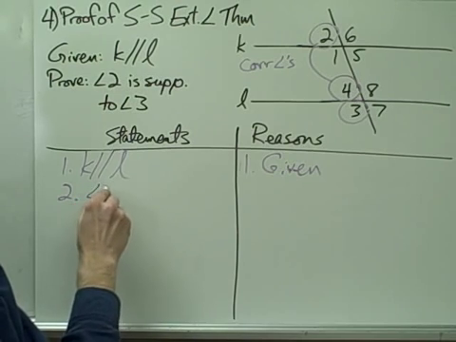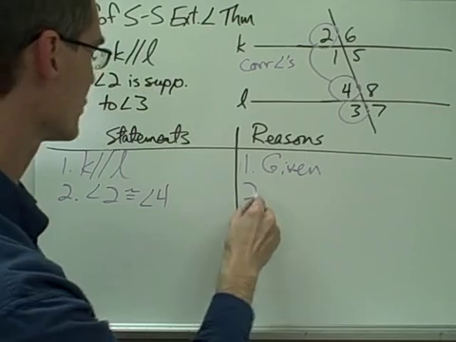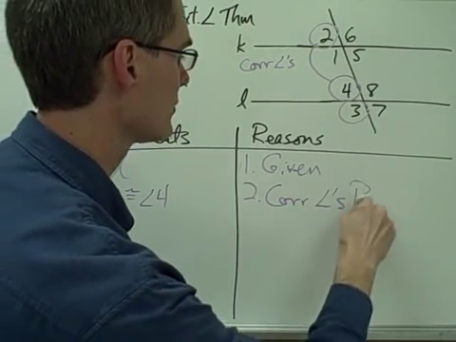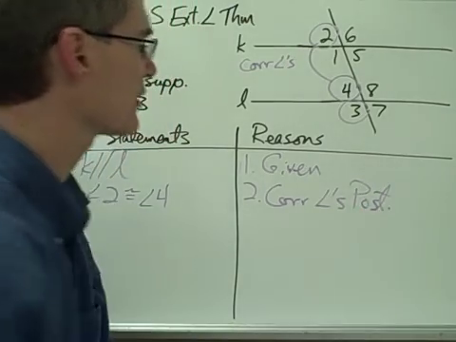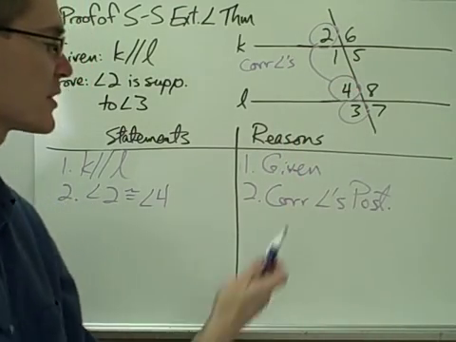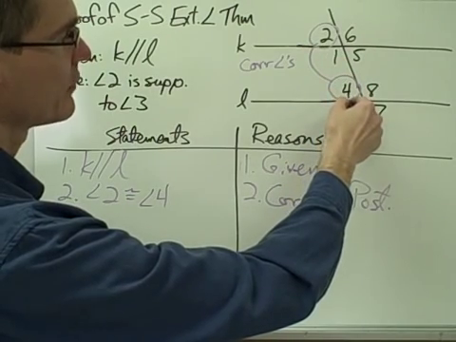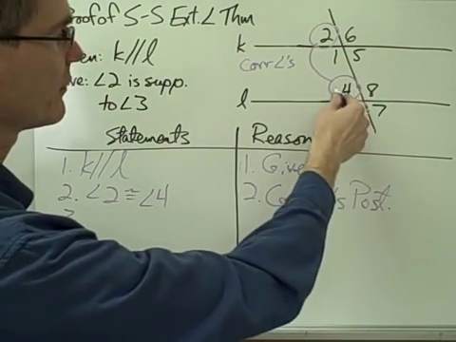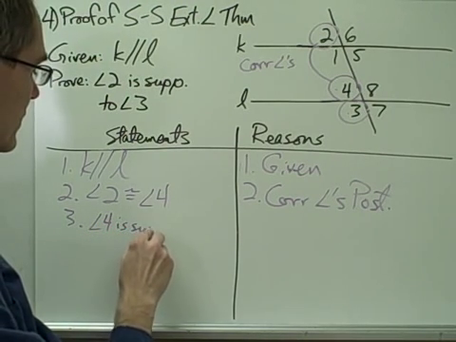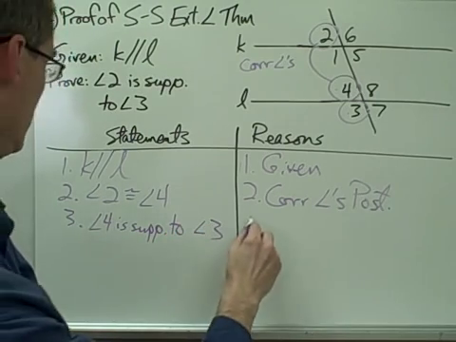Statement number 2, I want to say angle 2 is congruent to angle 4. How do I know angle 2 is congruent to angle 4? I know they are congruent because they are corresponding angles. And the corresponding angles postulate tells me if two parallel lines are cut by a transversal, corresponding angles must be congruent. Now that I have angle 2 and angle 4 congruent, I would like to say that angle 4 is supplementary to angle 3.